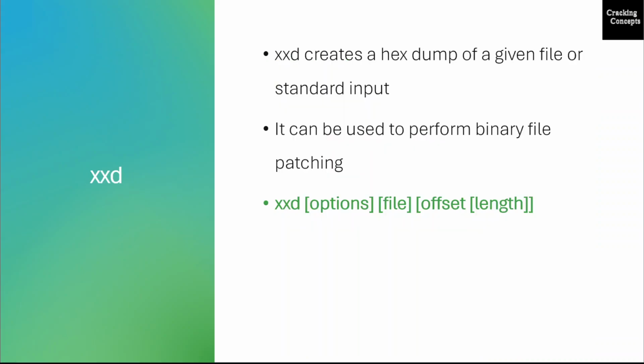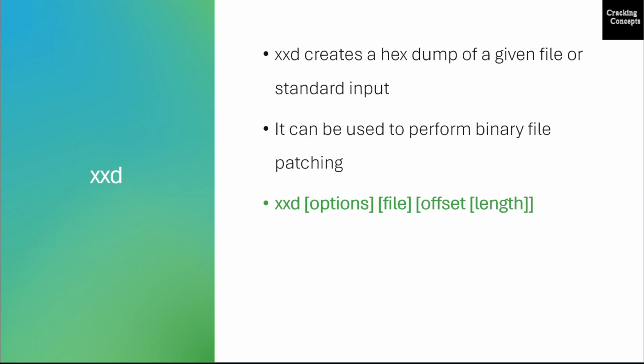Next command is xxd. This creates a hex dump of a given file or standard input. It can also convert a hex dump back to its original binary form. It allows the transmission of binary data in ASCII representation but has the advantage of decoding to standard output. Moreover, it can be used to perform binary file patching.